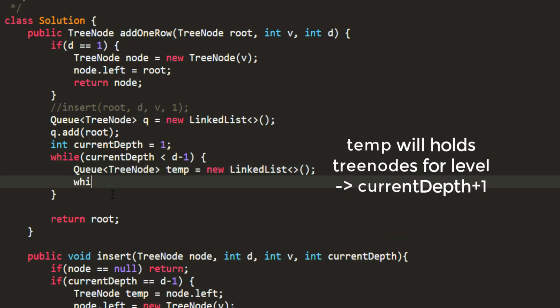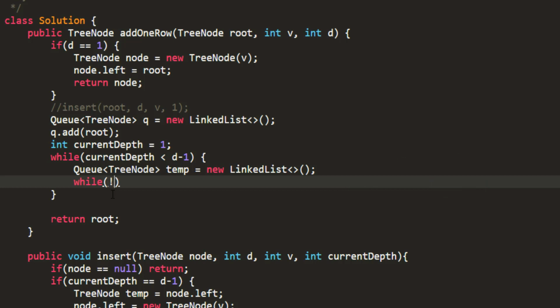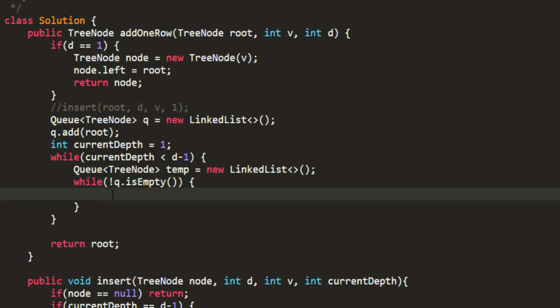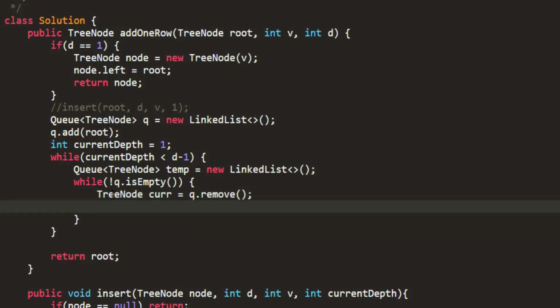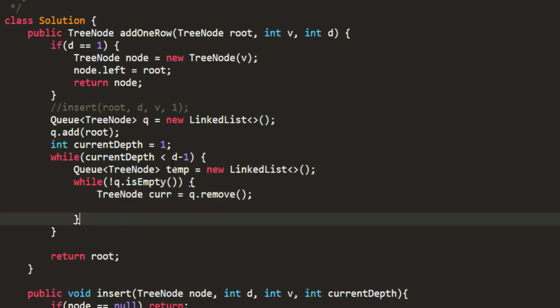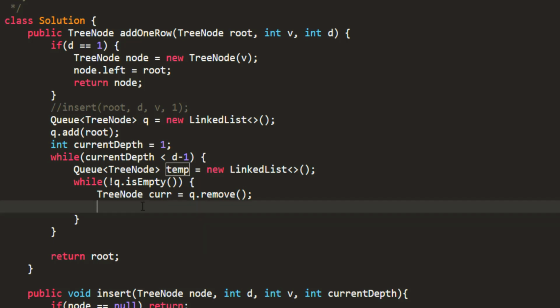So inside this, as we write for our normal operation, we say while queue is not empty, we would need to remove an element and then add its left and right into the queue. But over here, we'll not add in this queue, we'll add in the temp queue because these left and rights would be for the next level.